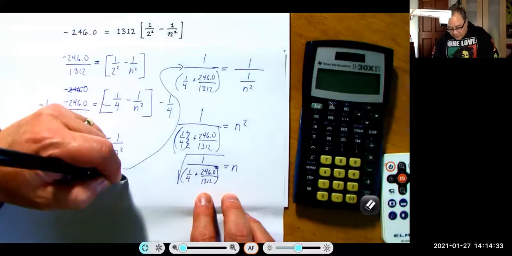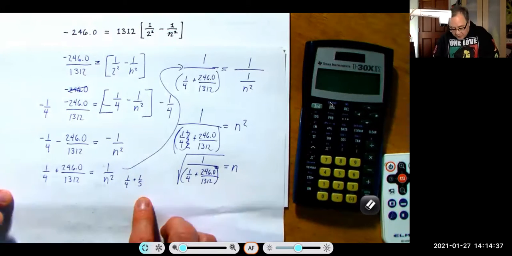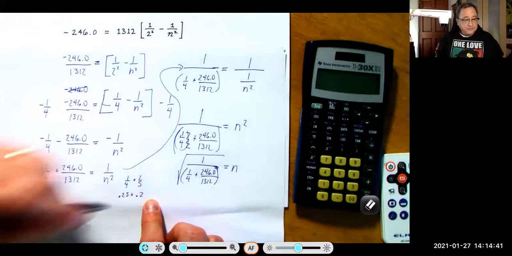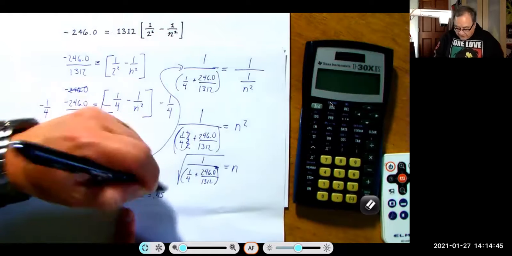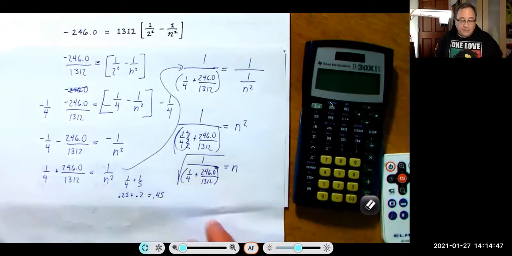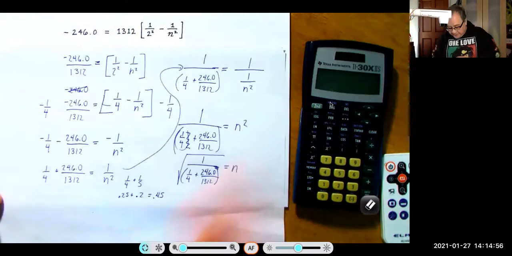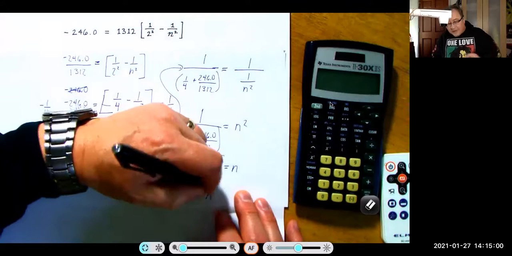So the bottom there is really 1/4 plus 1/5, which means the bottom is 0.25 plus 0.2, which means that the bottom is 0.45. So everything in parentheses here is about 0.45. How many times does 0.45 go into 1? 2 times. So what is the square root of 2? It's about 1.4. So that's my ish answer.